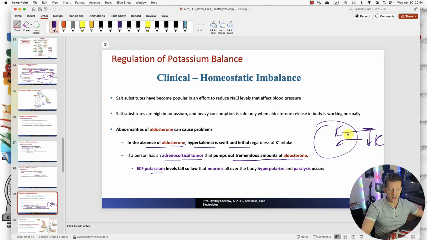Potassium leaves the cell, and that repolarizes the membrane, but now it hyperpolarizes because, regardless of this potassium leaving, extracellular potassium is still low, so that leads to hyperpolarization, and that can lead to paralysis, because you cannot generate another action potential.